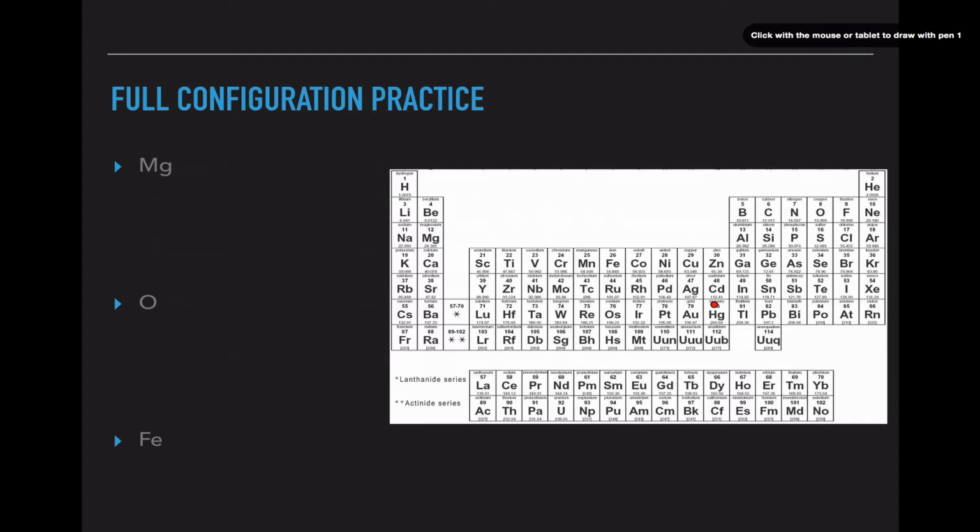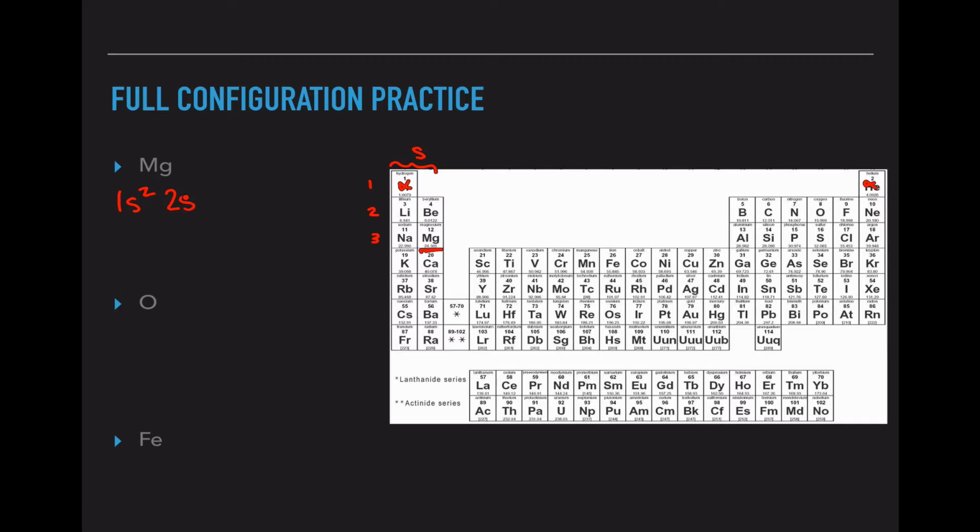Full electron configuration for magnesium. So magnesium is in the 3rd level, and it is in the second column, the S column. So I know I have to fill up until 3s. So first I have 1s2. That's hydrogen and helium's electrons accounted for.